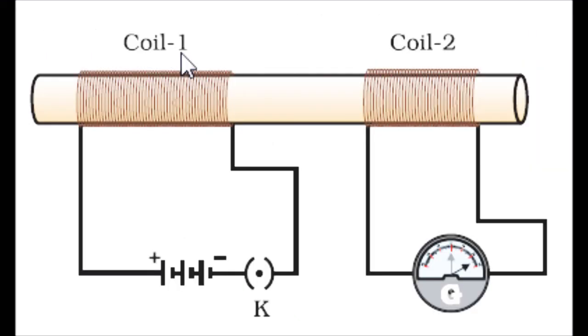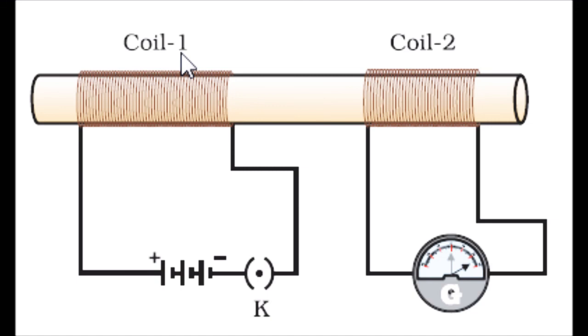Let us now see an experiment in which the magnet is replaced by another current carrying coil, as in the figure. Let us consider these as coil 1 and coil 2. When a battery is connected to coil 1, the magnetic field changes. From this, the magnetic field lines around the secondary coil will also change.